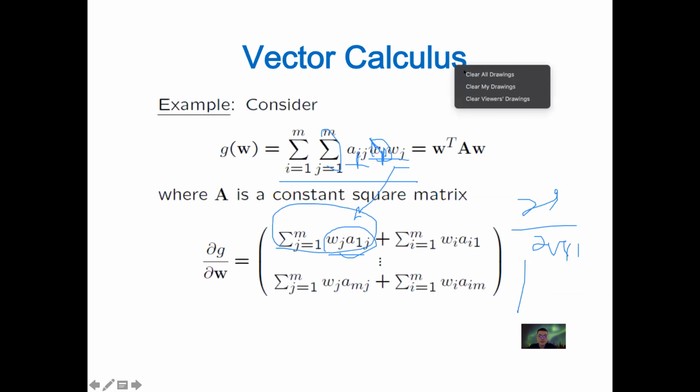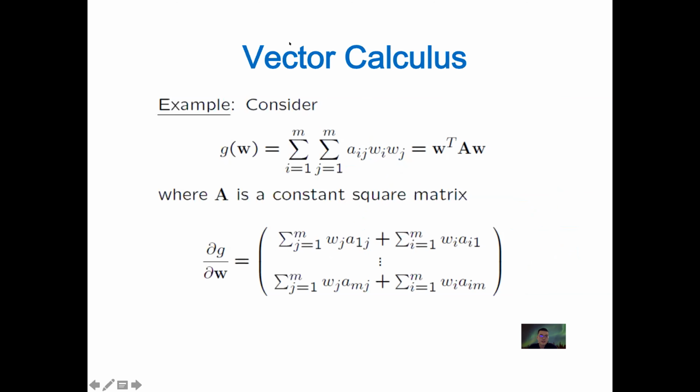Next, consider you fix j equal to 1, and you take the derivative with respect to w1, so this term is gone and this is the coefficient. So this is basically this term, and similarly there are so many i terms. That's why when you take the derivative with respect to w1, you have these two terms.